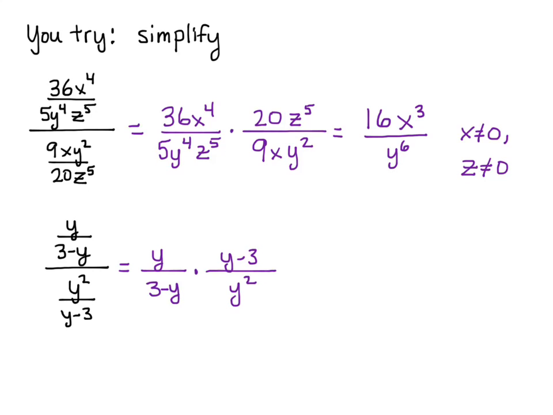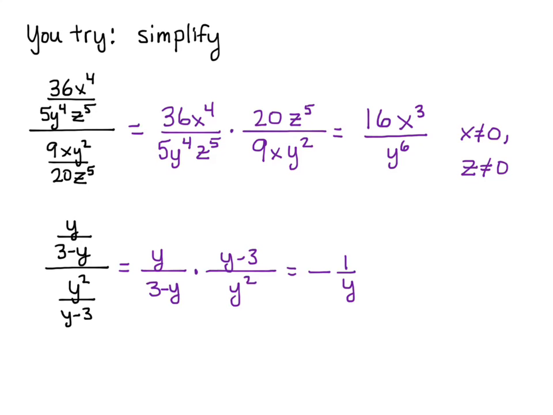And then the y's cancel out. This y with this y squared leaves us a y in the denominator. Then we have y minus 3 and 3 minus y. So we can factor out a negative 1 and cancel out the y minus 3. Just recognize that that's negative. So that's where I get my negative sign.